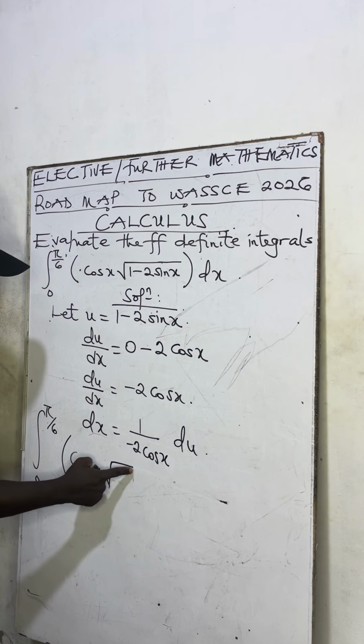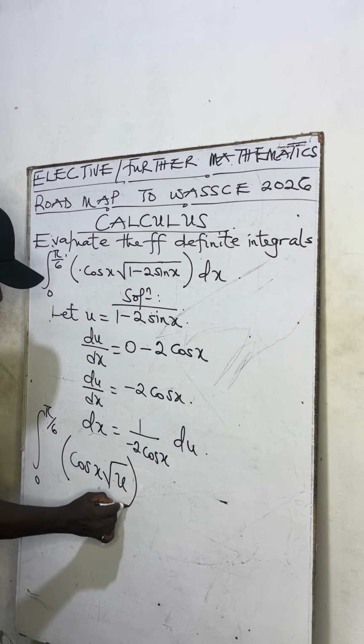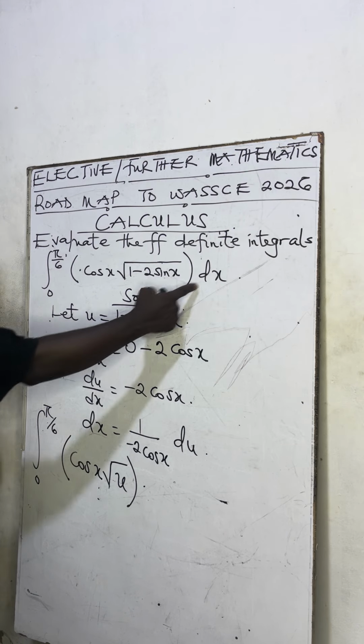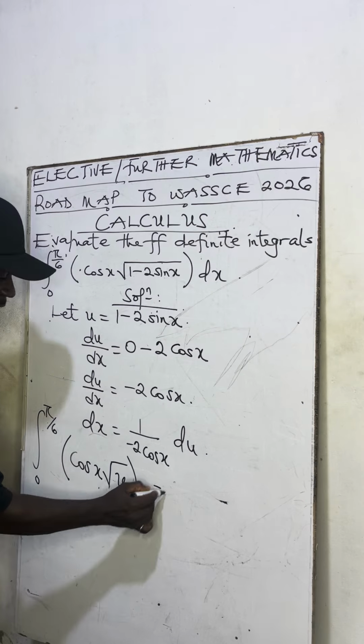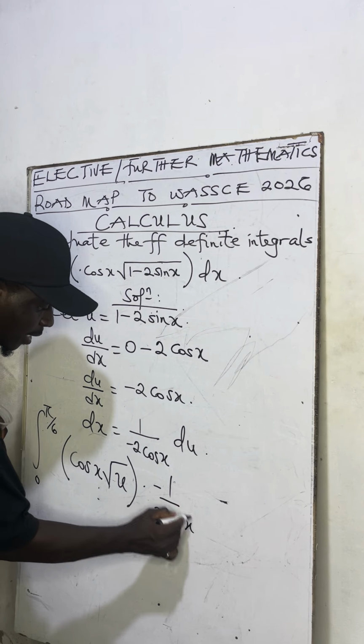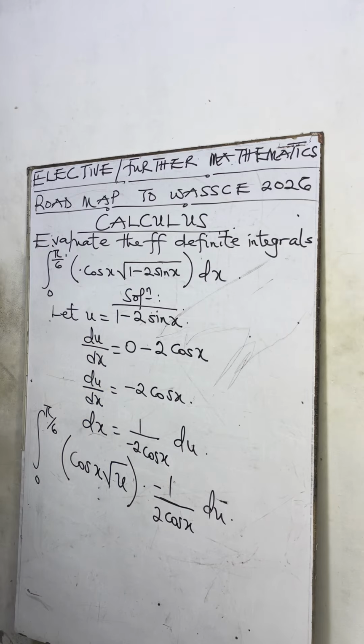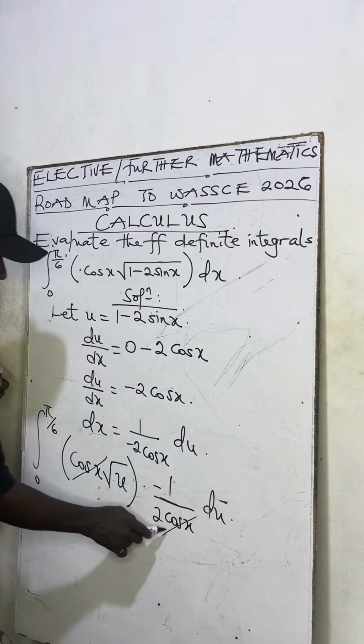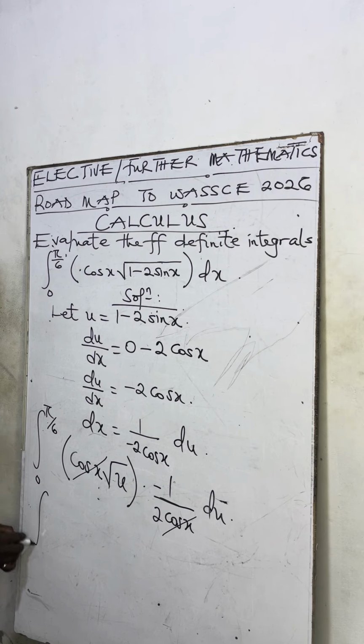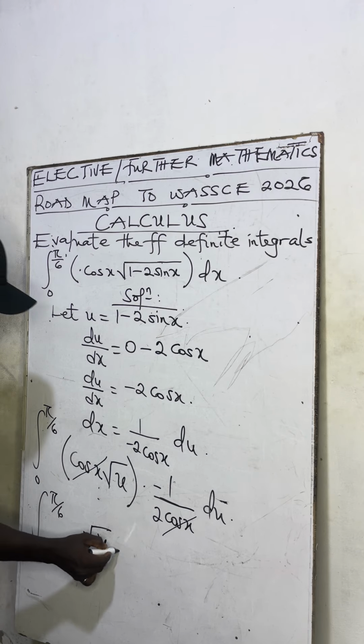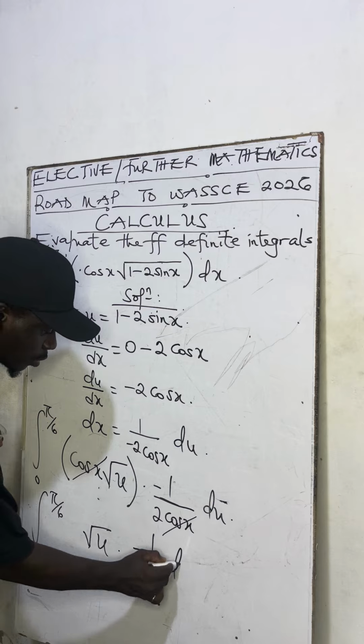We said let u represent that, so it is just u. Then we multiply it by what dx is, that's negative 1 over 2 cos x, then du. We are integrating with respect to u. Cos x will cancel cos x. Don't forget. So we get the integral from 0 to pi by 6 of square root of u times negative 1 over 2 du.